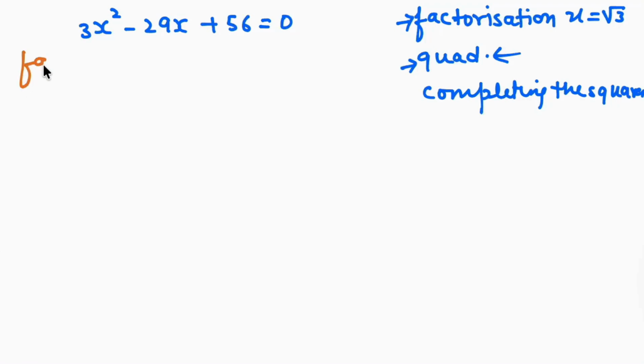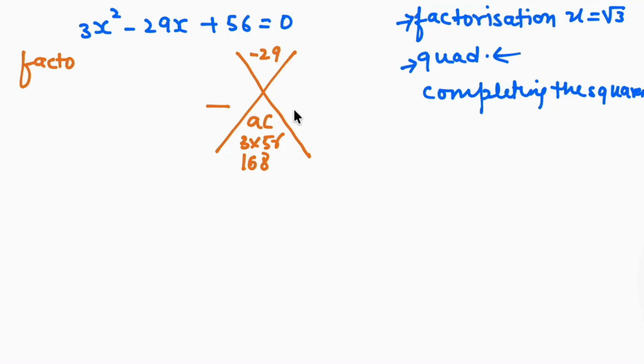Factorization method. So that is the AC method, and here comes the product of AC, which is 3 times 56, which is 168. And here we write the b term, which is negative 29. So we have to find two numbers that when added give us negative 29, and when multiplied give 168.